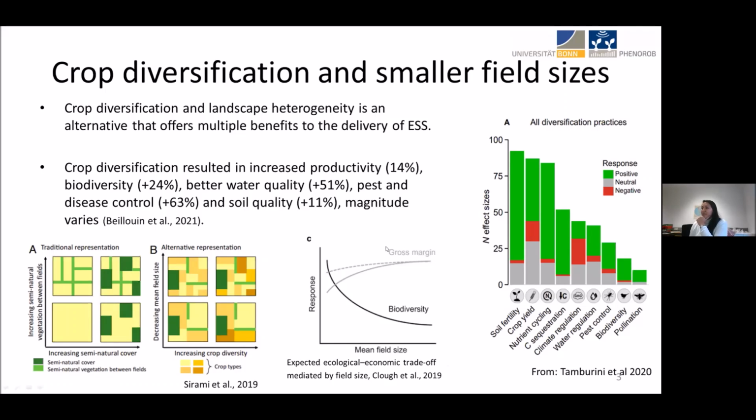Another important thing studied in this paper was the gross margin, which may decrease when you reduce the field sizes. But they also mentioned that with alleviative measures, the risk of loss of gross margin can be improved.